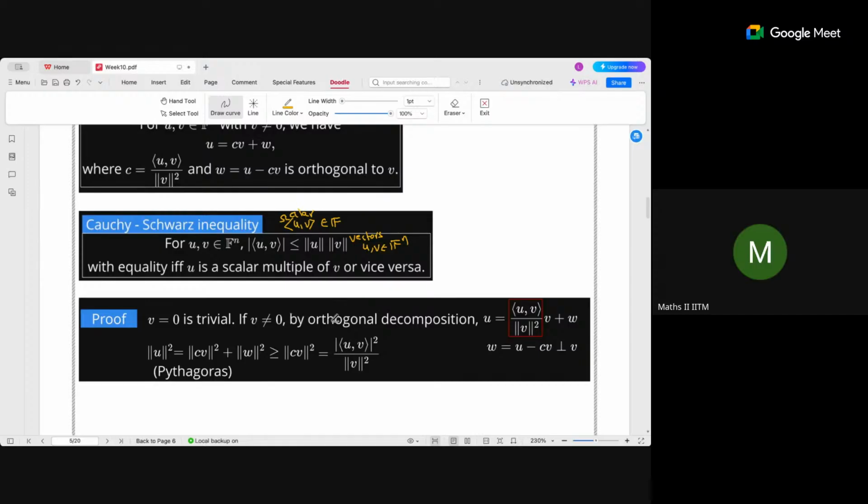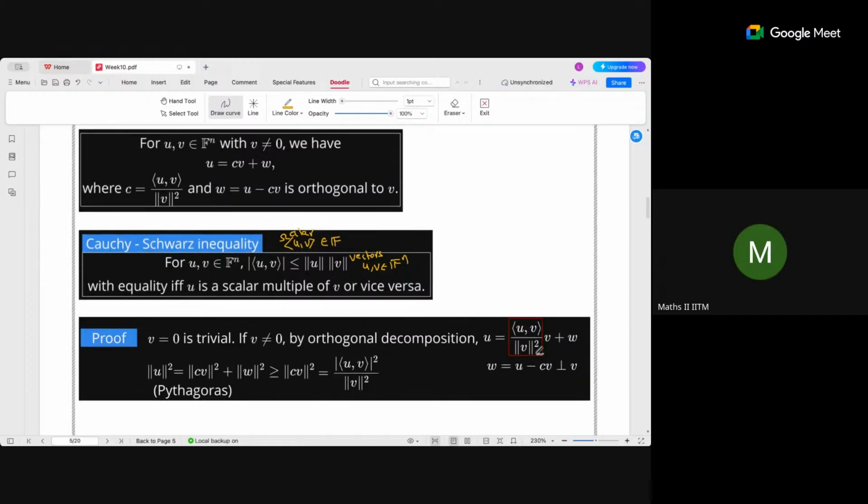If v is non-zero, then you know how to write an orthogonal decomposition. For orthogonal decomposition, you know that u is equal to Cv plus W, right? This is your C, the value within the box. And W is u minus Cv.